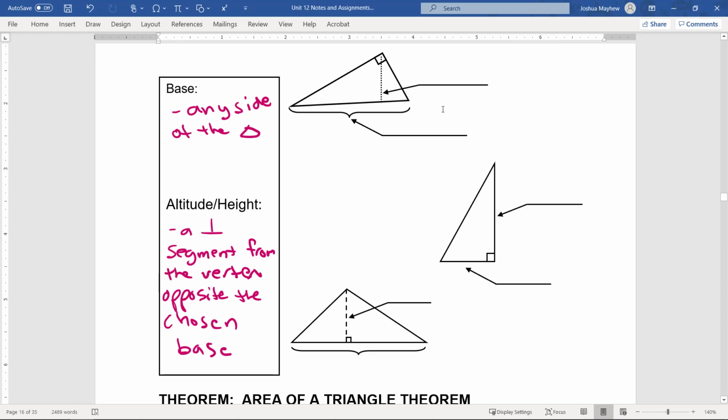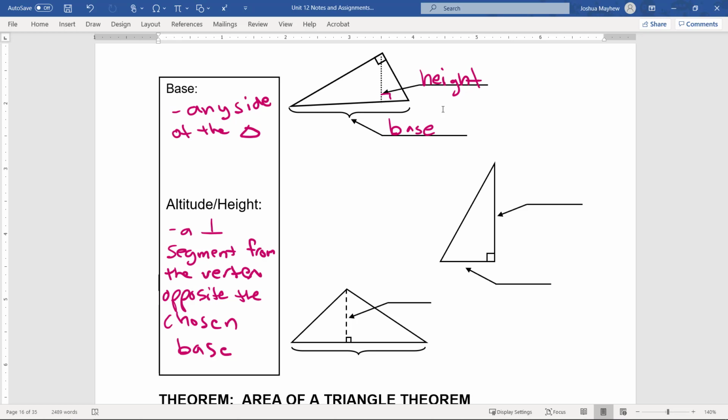Okay, so look at this first one. All right, well, this is the base, and then notice the height. It is from the vertex perpendicular to the opposite base. Okay.